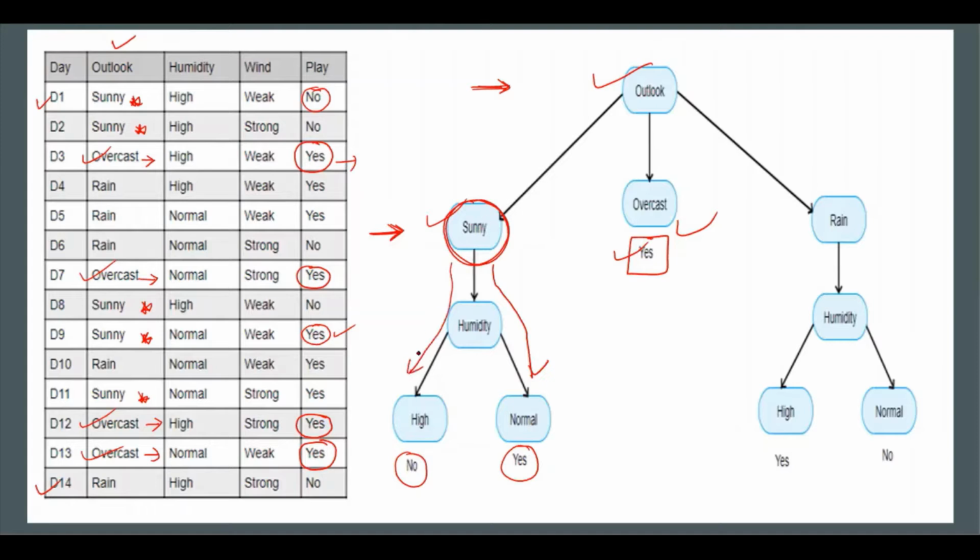If it's sunny, there are 2 more cases. If it's rain, there are again 2 cases. Even if it's raining, if humidity is normal, children will not go and play. But with high humidity, if it's raining, this is how the data set is, they will go and play. So there are 2 cases here, 2 cases here. We reach the final node here.